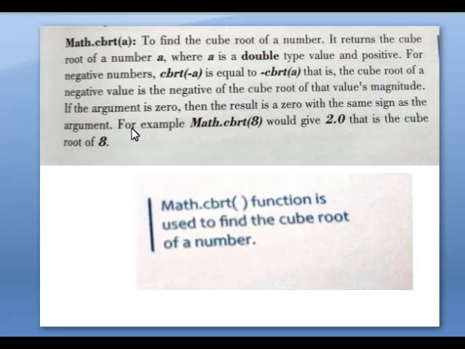So the value is the negative of the cube root of the value's magnitude. If the argument is 0, the result is 0 with the same sign as the argument. For example, cube root of 8. The answer is 2.0 because the return type is double. The Math.cbrt function is used to find the cube root of a number.